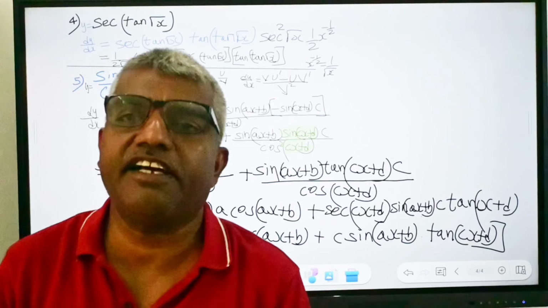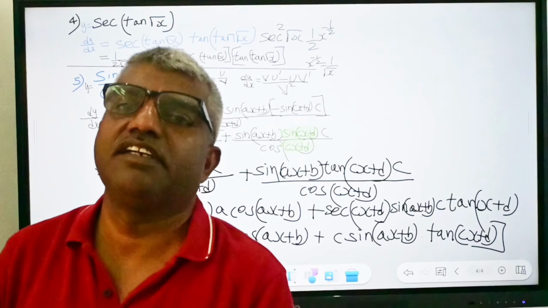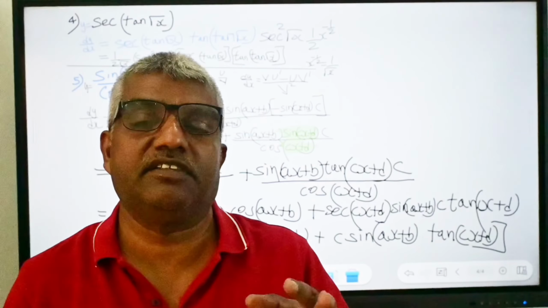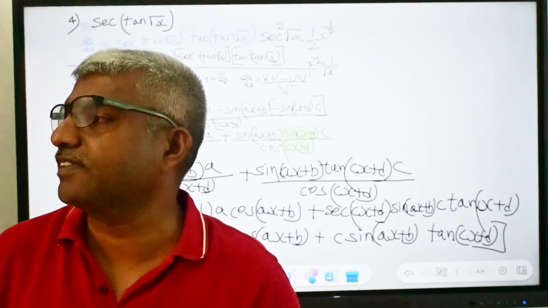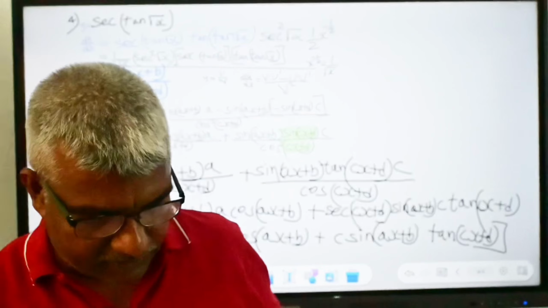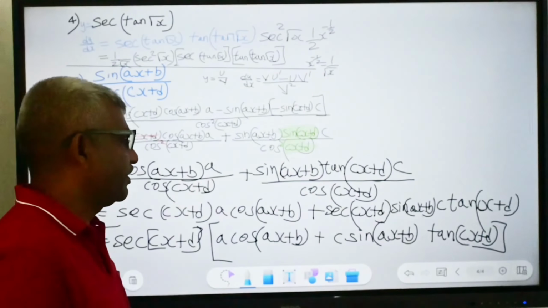Okay, then sin x over cos x is tan x. 1 over cos x is secant x.